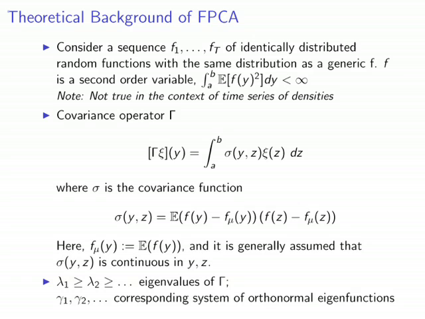And if you have something like an IID sample, random functions which are identically distributed with the same distribution in generic f, and these are second-order variables, so that the integral over the expectation of the squared variable exists, then what you define here is something like the covariance operator of these random functions.